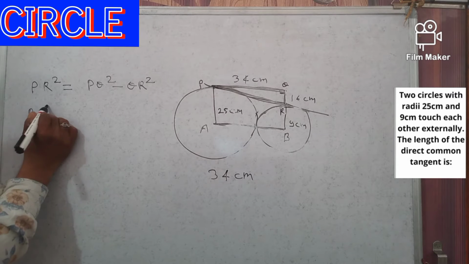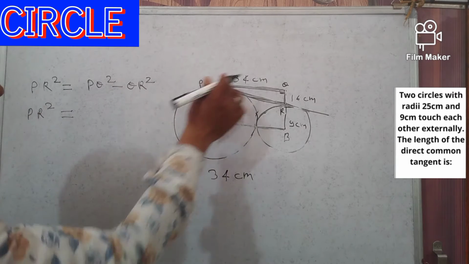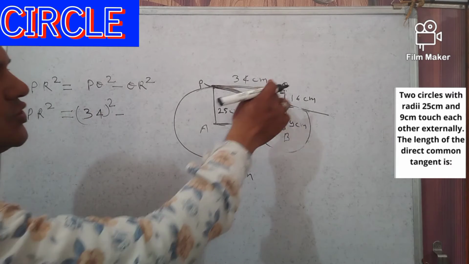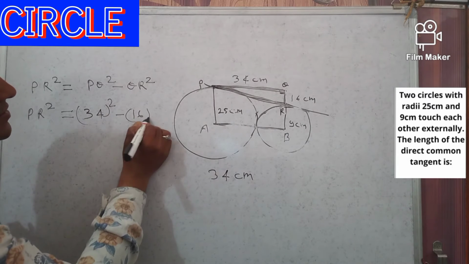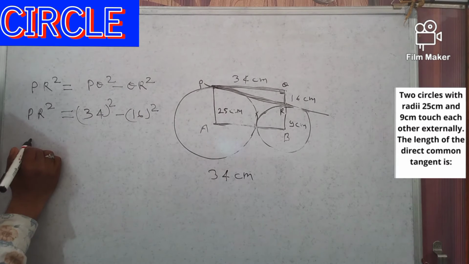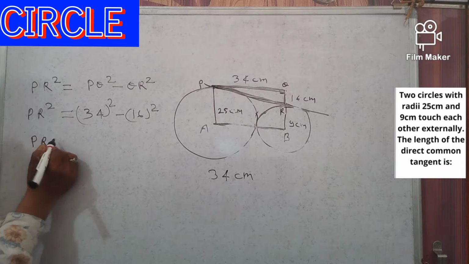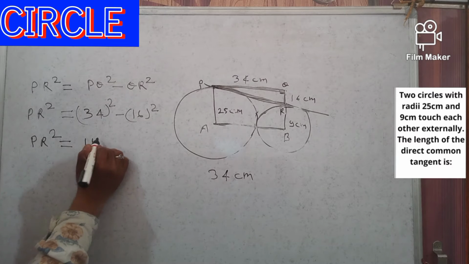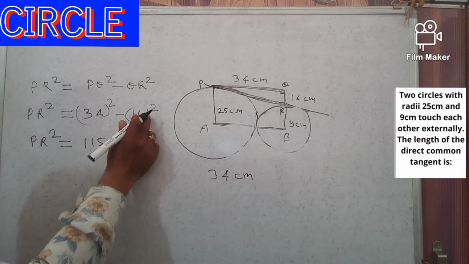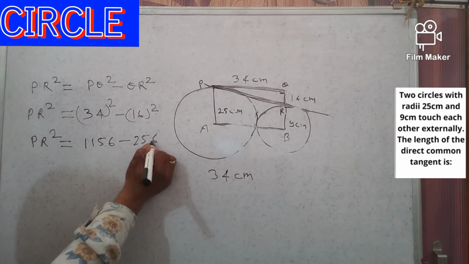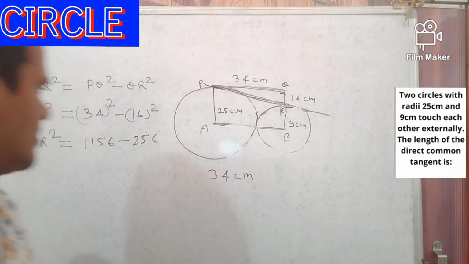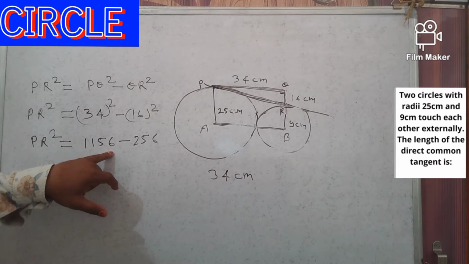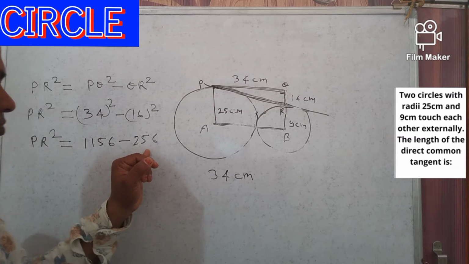So PR square is equal to 34 square minus 16 square. 34 square is equal to 1156 and 16 square is equal to 256.